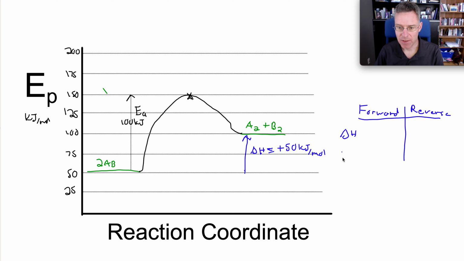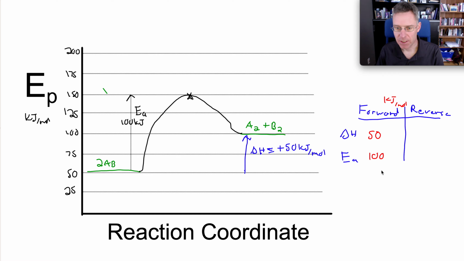We've got our change in enthalpy, and we've got our activation energy. Well, we've already done the numbers for the forward. The enthalpy change is 50. This is kilojoules per mole. The activation energy was 100.